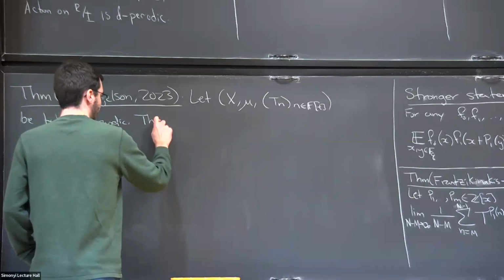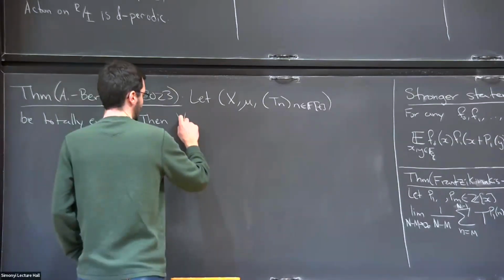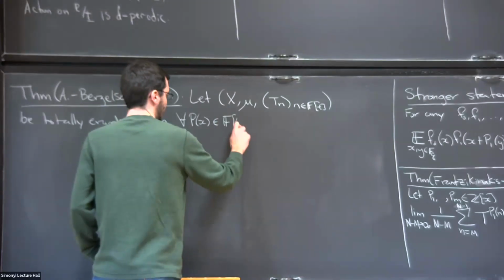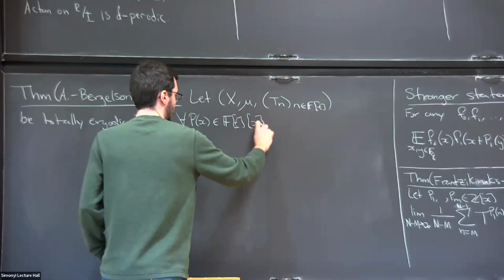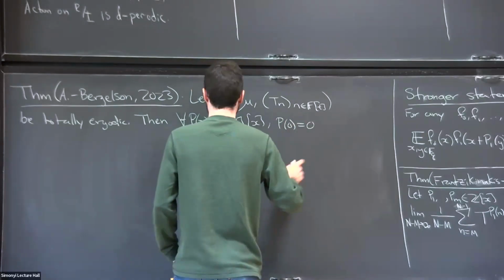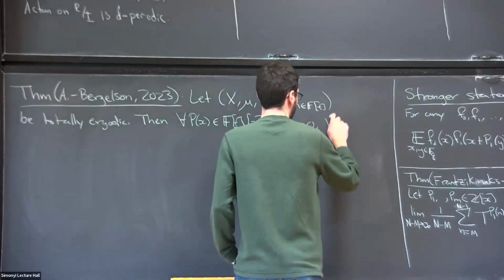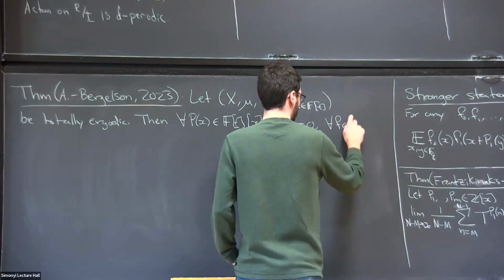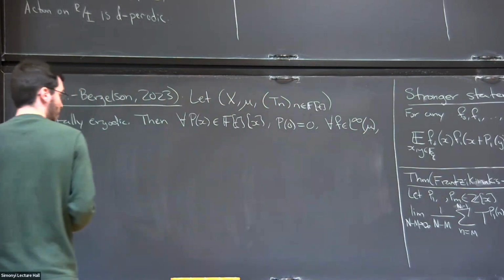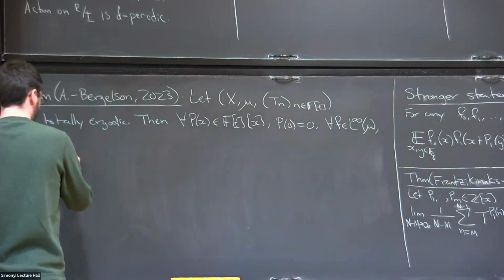Okay, and then for any polynomial with coefficients in our ring, any bounded function, we want something of the ergodic average.